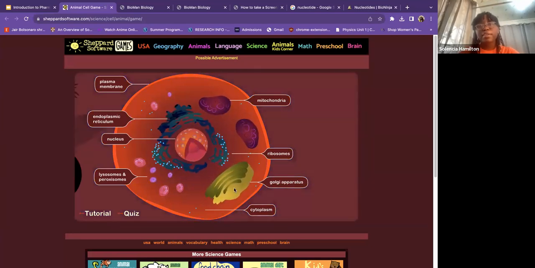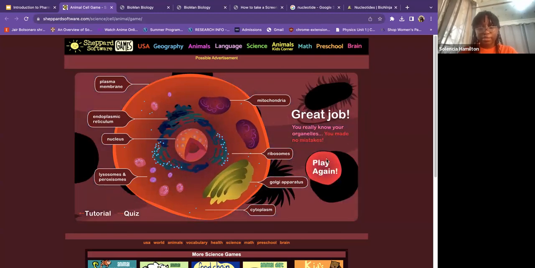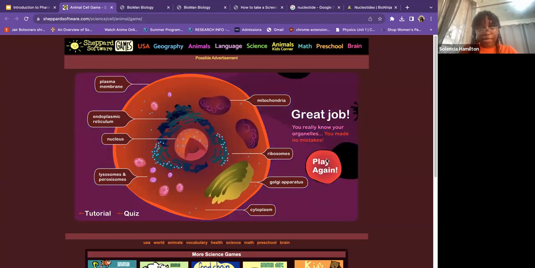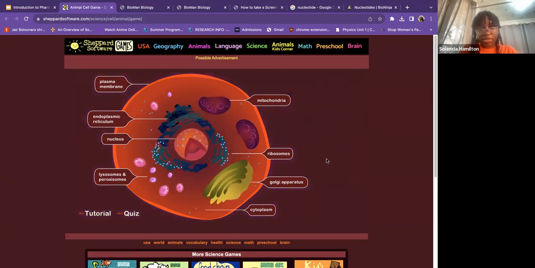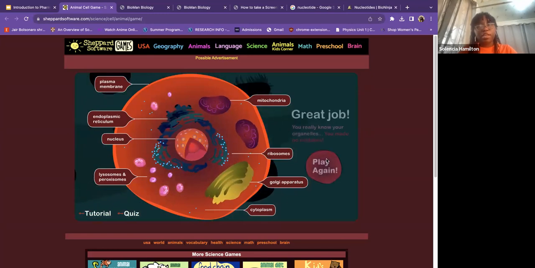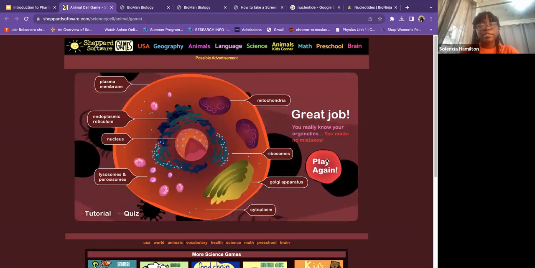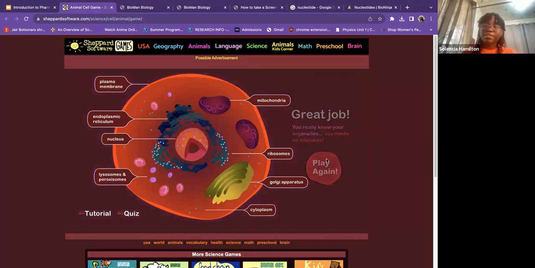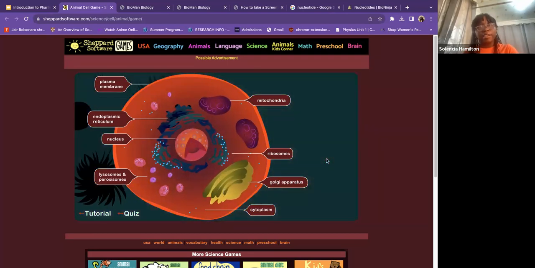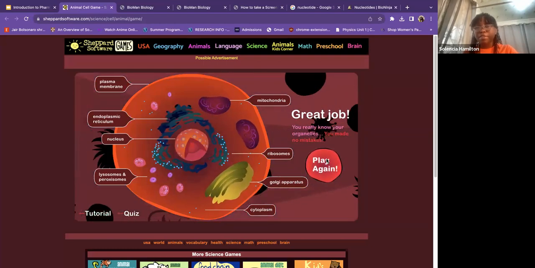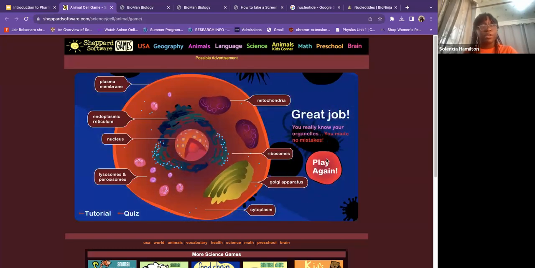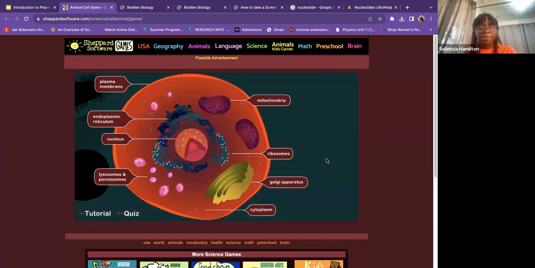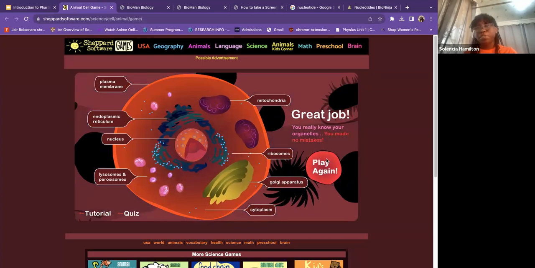The Golgi apparatus is known as the packaging unit. So if you want to send something to another cell, let's say from gated community A to gated community B, then before whatever package you're sending can exit through the security gate, which would be the plasma membrane in this case, the Golgi apparatus has to package it so that the security recognizes it.